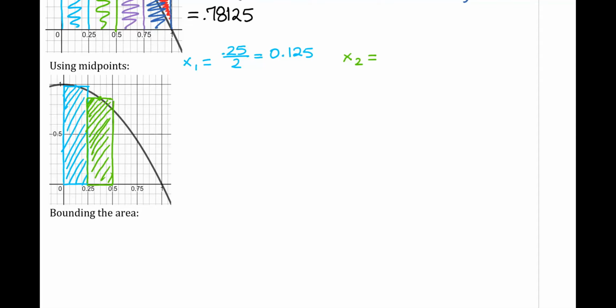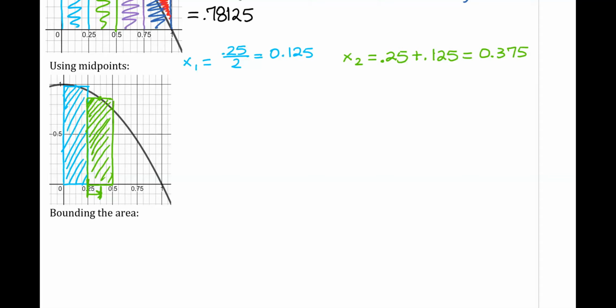That's half of 0.25. So I'm starting at 0.25, and then I am adding 0.125 to give me my second x value of 0.375. So I computed that by starting at 0.25 and then adding half of that distance. So I stopped right there where that green arrow stopped at. And half of that distance is half of 0.25, which we calculated for x1, which is 0.125.